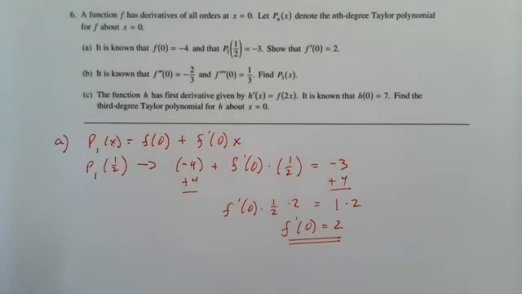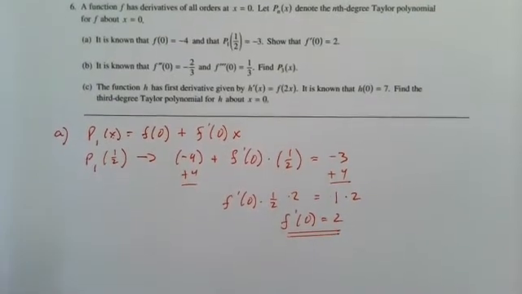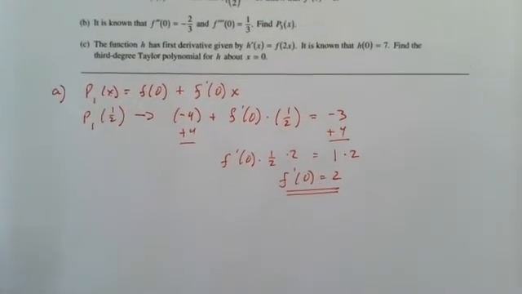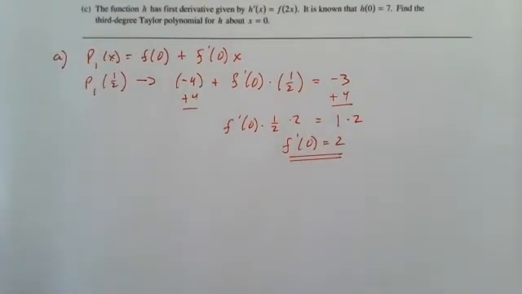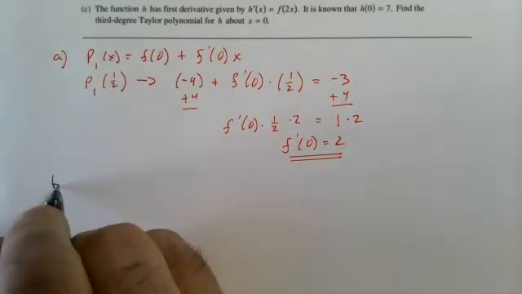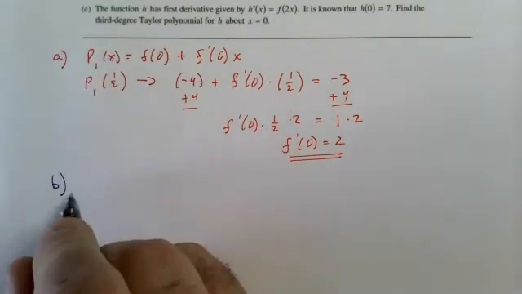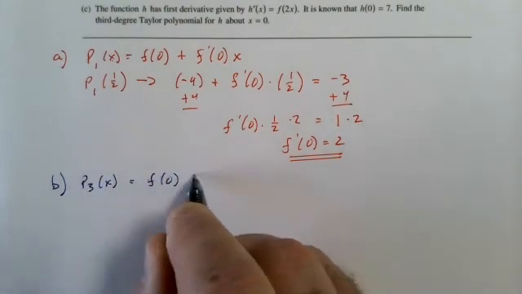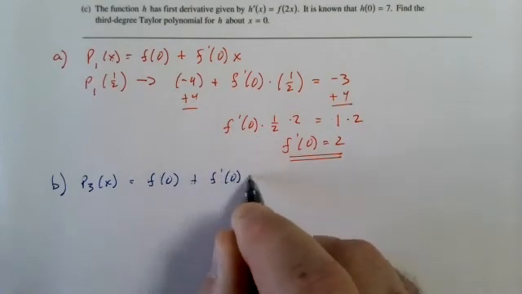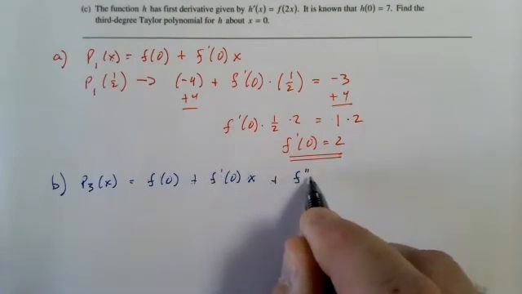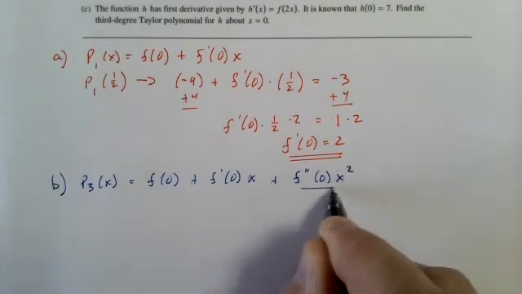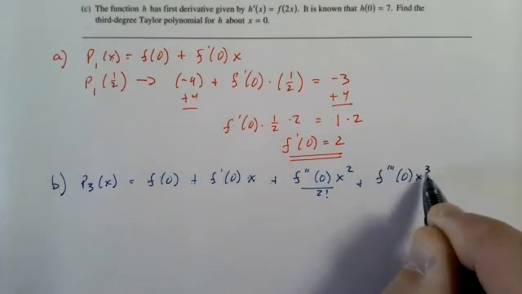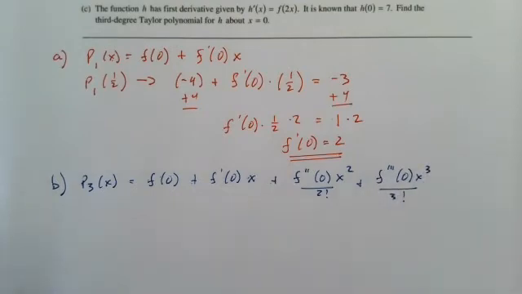Part B, it is known that the second derivative is -2/3, third derivative 1/3. Find P3 of x. P3 of x is going to equal f of 0 plus f prime of 0 x plus f double prime of 0 x squared over 2 factorial plus f triple prime of 0 x to the third over 3 factorial.